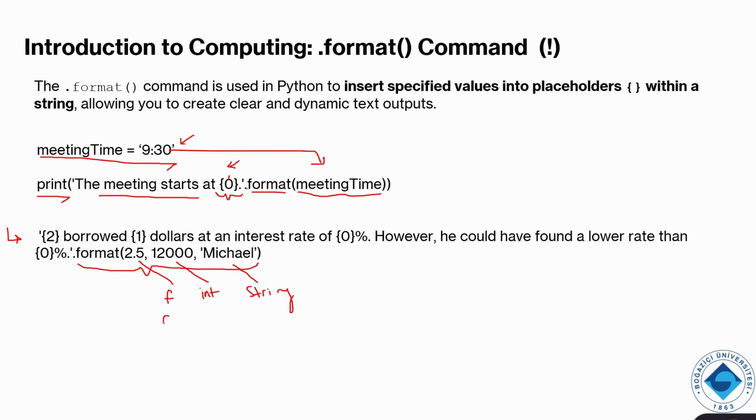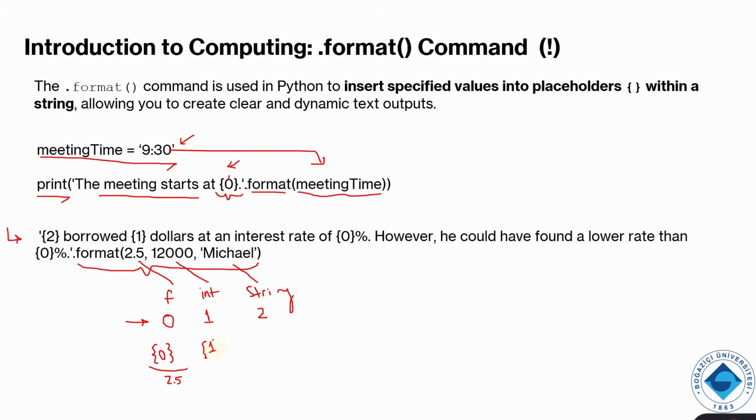Float has index number 0, integer has index number 1, and string has index number 2. So if I want to call these variables inside of the string, I should use curly brackets and their index numbers. If I put 0 here, it will call 2.5 inside of the string.